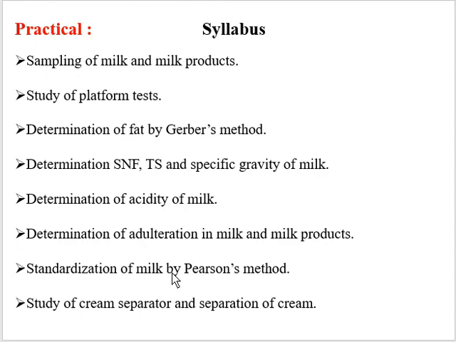Then determination of adulteration in milk and milk products. Many tests are required for adulteration of milk and milk products, such as the urea test, Hansa test and glucose test. Then standardization of milk by Pearson method.